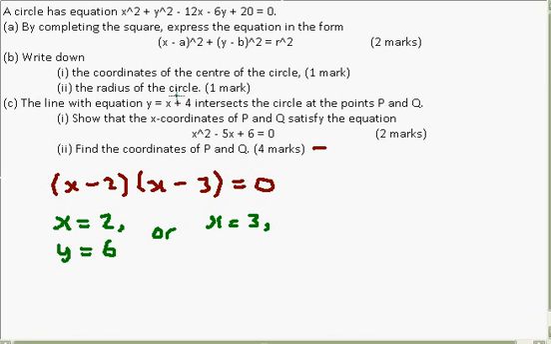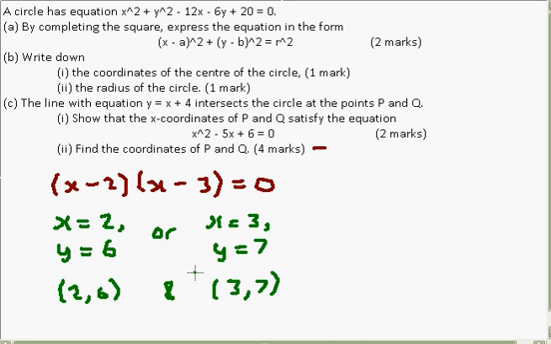Hence, from the equation of the line, y is 7. So the coordinates of the 2 intersection points are 2, 6 and 3, 7. Okay, so they're P and Q. Okay, so that was 4 marks.